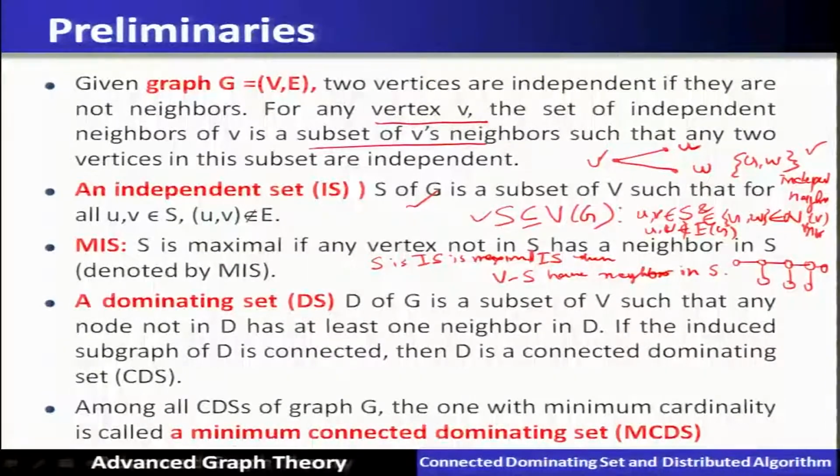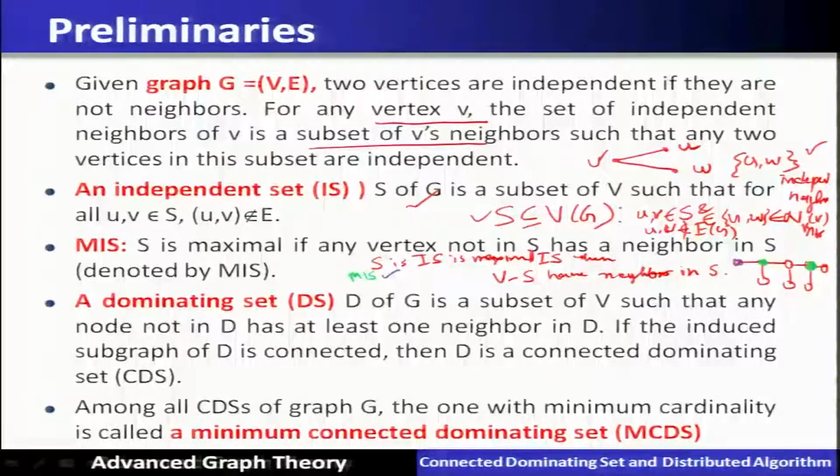If this is the graph, then let us take the independent set shown by the green color vertices. So, together these vertices form a maximal independent set. Why? Because the nodes which are not green, or not in the maximal independent set, have a neighbor in this particular set.